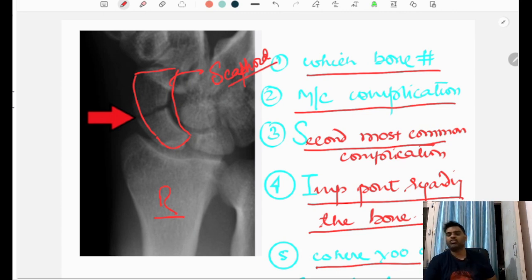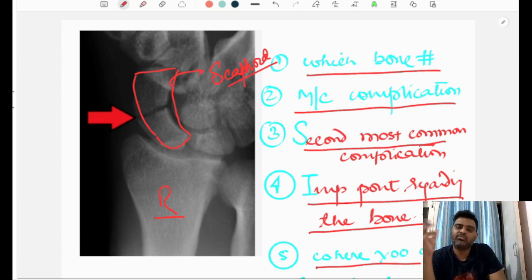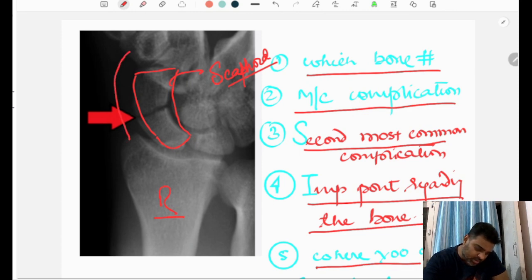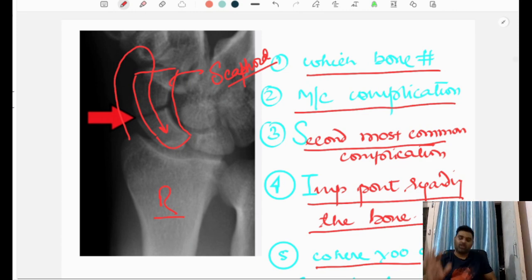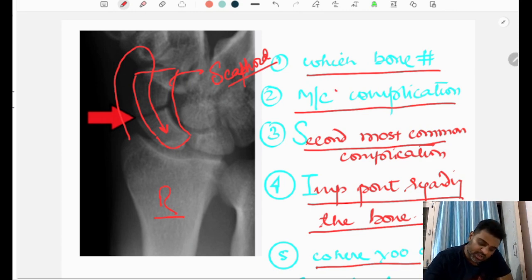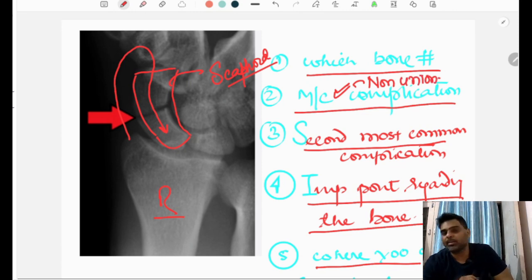There are certain points which you have to remember. The scaphoid is the most common carpal bone to get fractured. Please remember the arterial supply to the scaphoid bone comes from distal to proximal. So it can go into avascular necrosis, but the most common complication is not avascular necrosis. The most common complication of this scaphoid fracture is non-union, just like the lateral epicondyle.